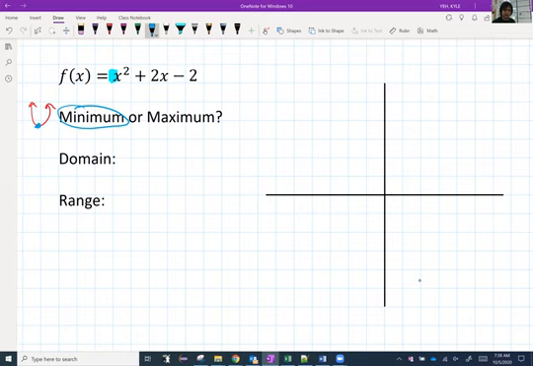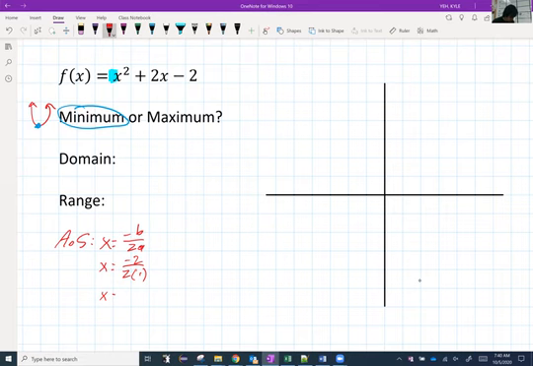So that one wasn't too hard. Let's graph the function, and that'll give us the rest of the story. I'm going to start by finding my axis of symmetry. X equals negative b over 2a. So b looks like 2, so negative 2 over 2 times a, which looks like 1. We have 1x squared.